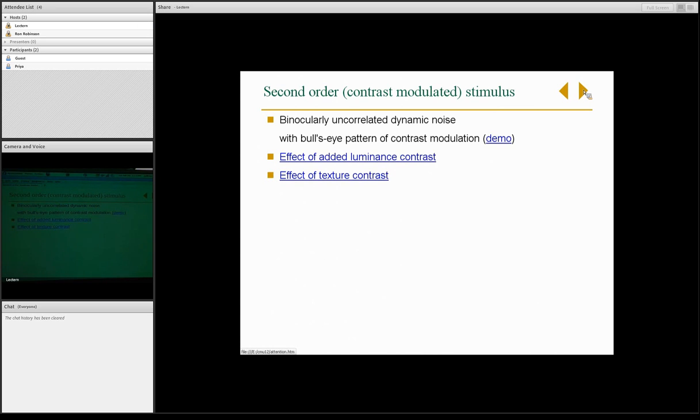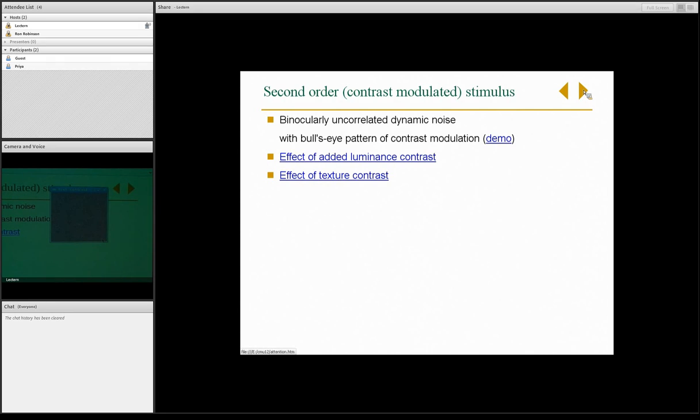Now we're going to look at something that we call a second order stimulus. What you can see here are these bullseye rings that are filled with texture, and they alternate with rings that have no texture. Basically we're modulating the texture contrast between the rings. This sequence is cycling through two different sweeps.